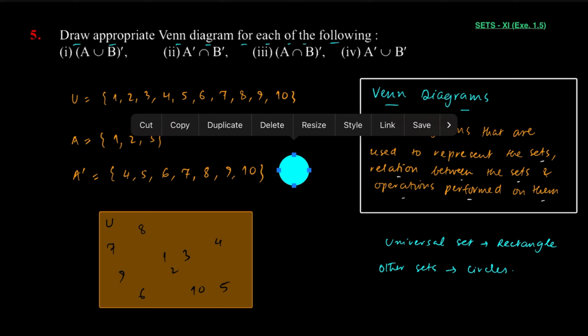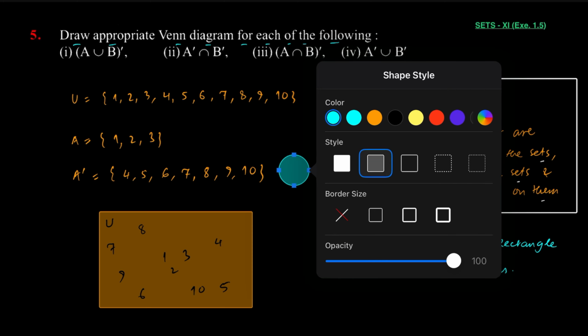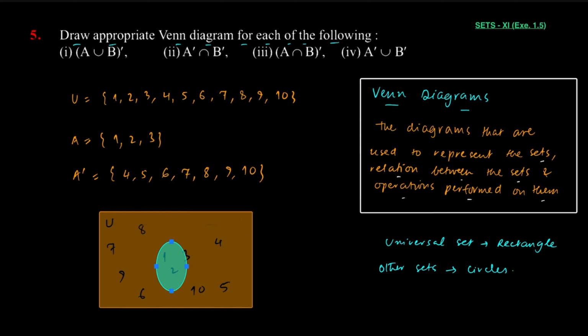Now this circle represents our set A. This set A is having elements as 1, 2 and 3. Now the remaining region, excluding the elements of set A of universal set, represents our complement. That is this very region represents our A complement. This is the region excluding the region of set A.